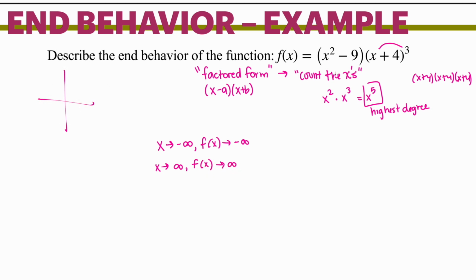If you think of it like this, x to the fifth looks like that. We don't really know what's going on in the middle, but we do know that the left-hand side and the right-hand side are going in opposite directions. As it's going to the left, it's going down, and as it's heading to the right, it's going up. And so this would be our end behavior.